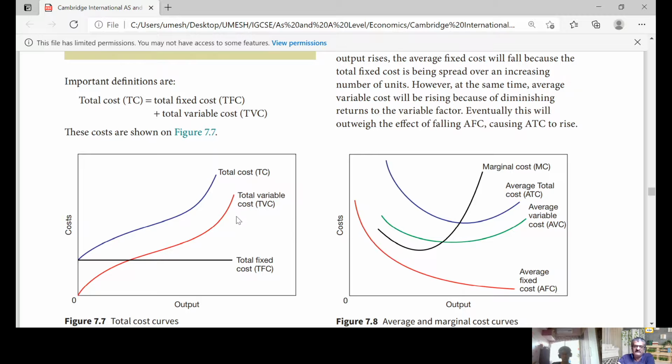Now, important definition for you, is total cost is equal to total fixed cost plus total variable cost. Any doubt about this? Total cost will be fixed cost plus variable cost. So now see, remember this. If you see on the screen, the blue line is the total cost. That is starting from where total fixed cost is starting.